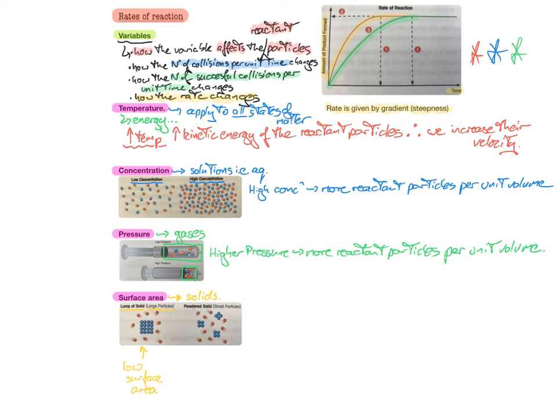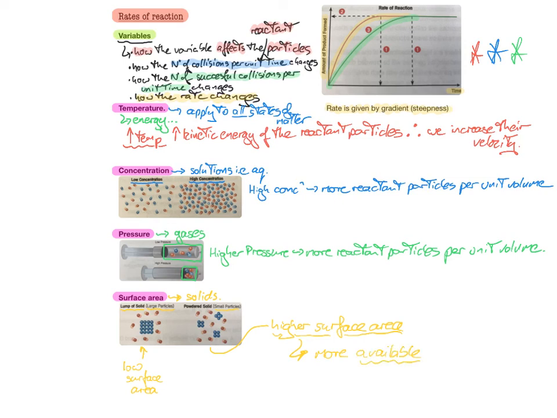i.e. you have smaller particles with a higher surface area. If you have a higher surface area, and this is very important, we don't have more reactant particles or reagent particles. Same number of reactant particles, if we're using the same mass of something, we have more available.